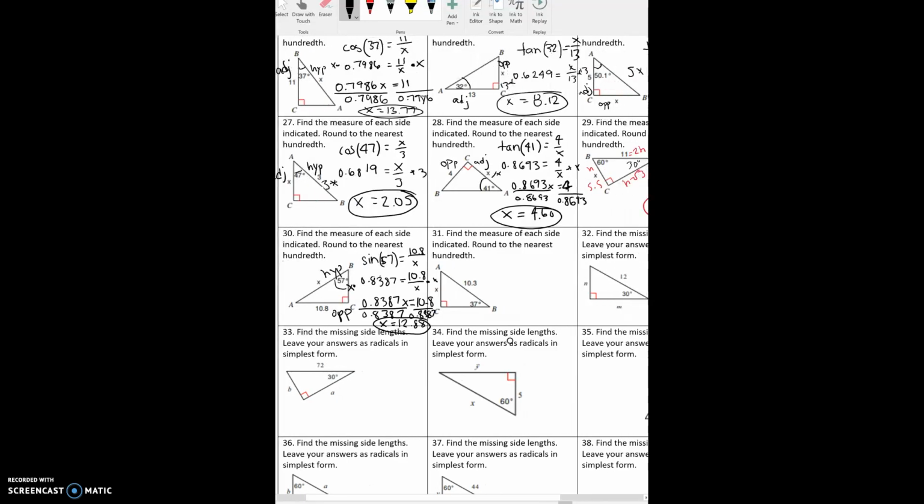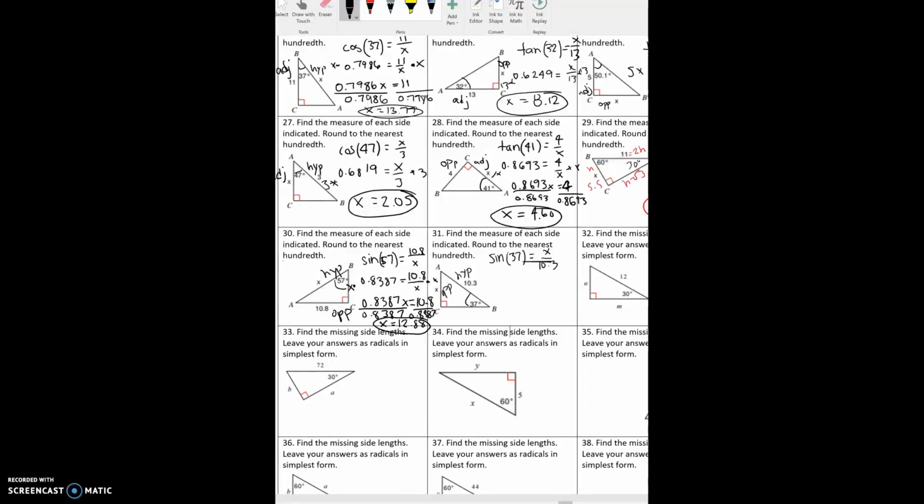31, same thing. This is our angle. We're given the opposite and hypotenuse, so we're going to use sine of 37 equals the opposite divided by hypotenuse.